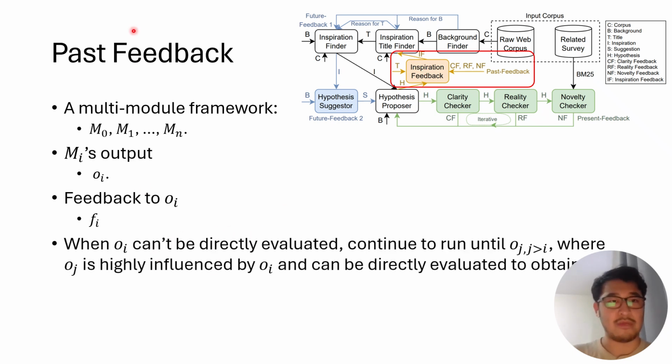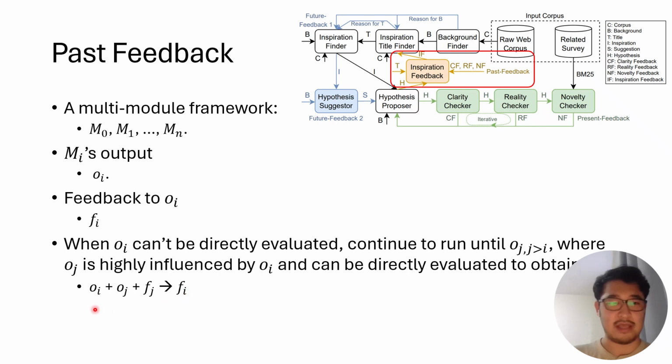So here we describe past feedback as follows: when output I cannot be directly evaluated, the framework continues to run until output j, where j is larger than I, where output j is highly influenced by output I and can be directly evaluated to obtain feedback j.